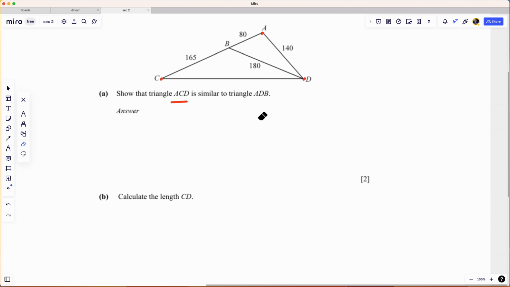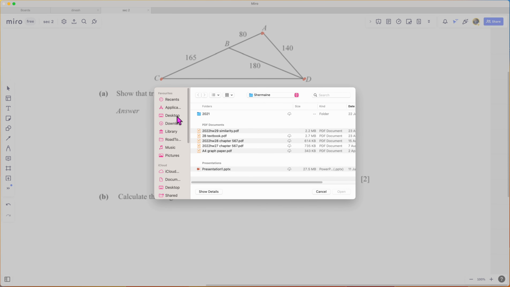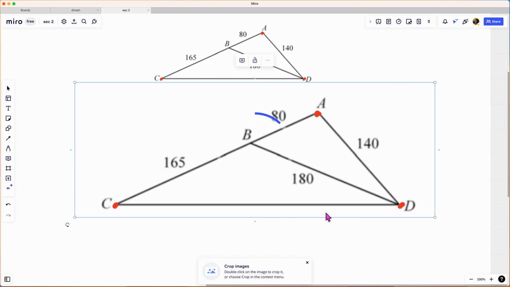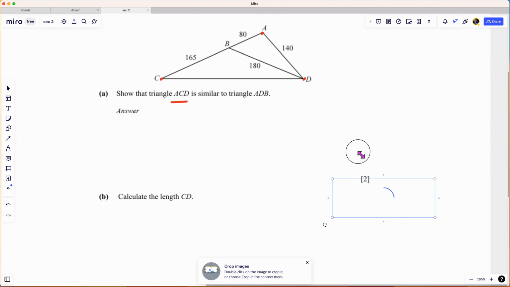Actually, it's good that I have this. I can use technology to extract it out. I just upload it. So I have technology with me.